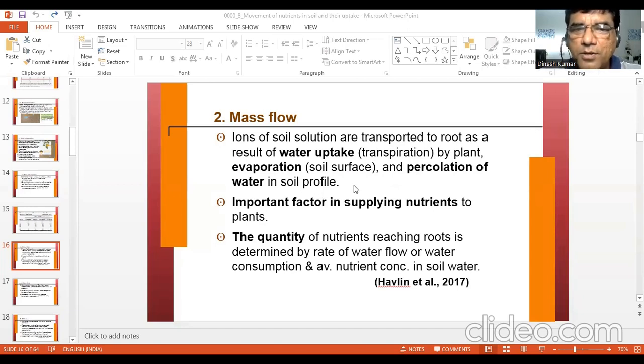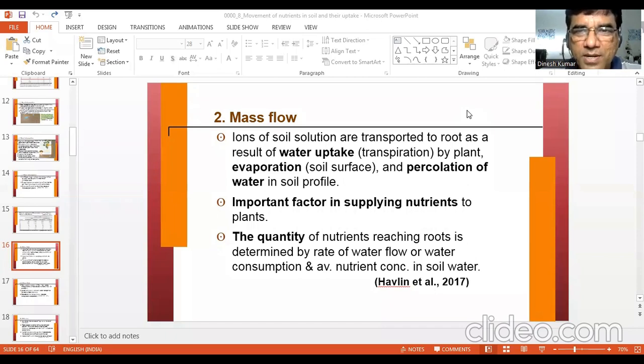Important factor in supplying nutrients to plant, mass flow. The quantity of nutrients reaching roots is determined by rate of water flow or water consumption and average nutrient concentration in soil water. So this is important. Therefore, nutrient and water have very positive interaction.